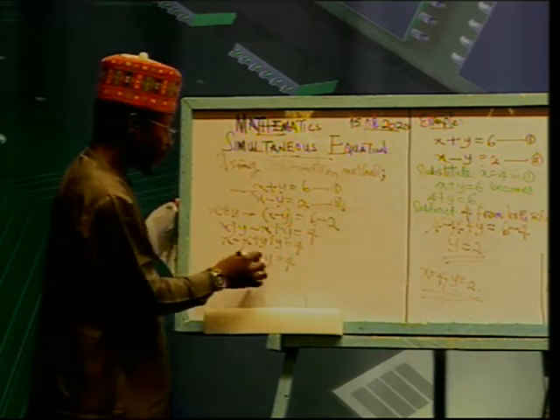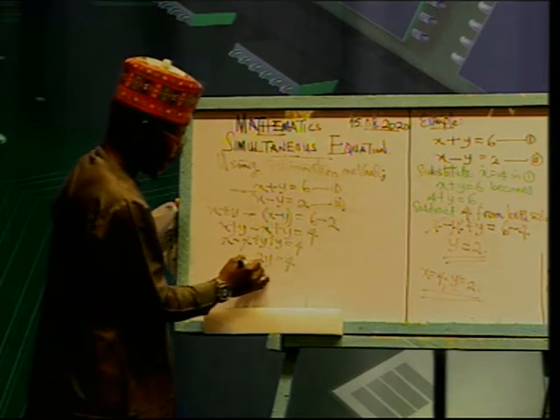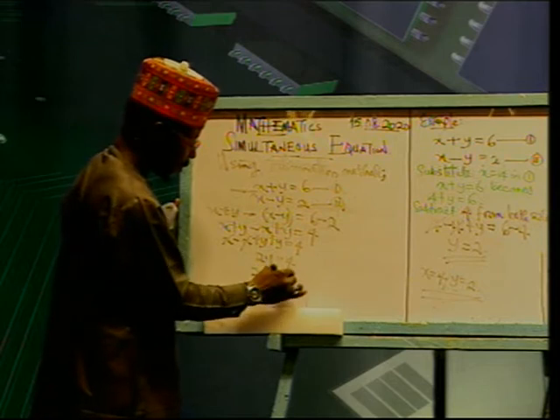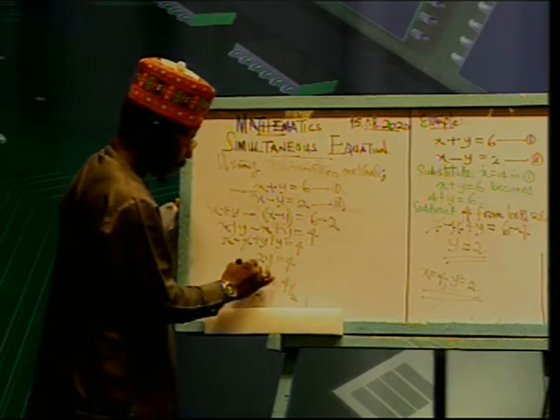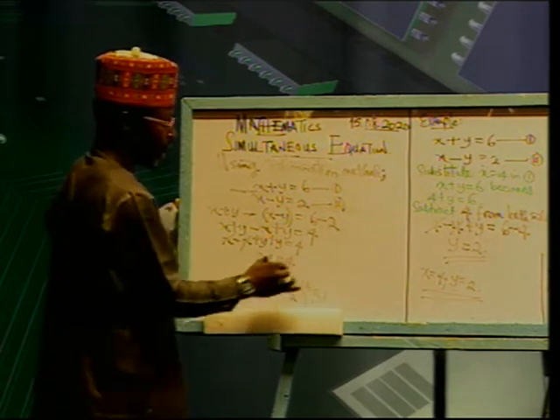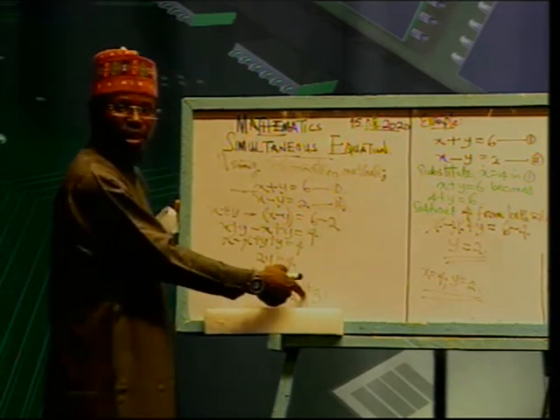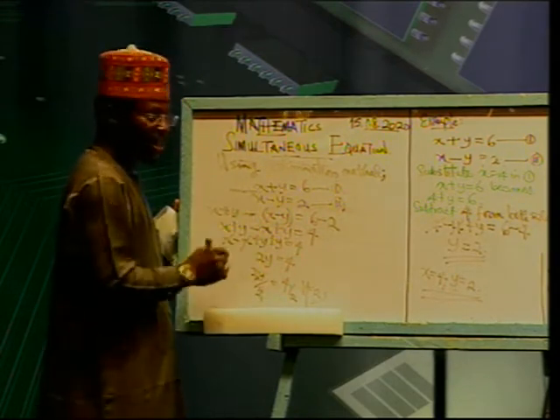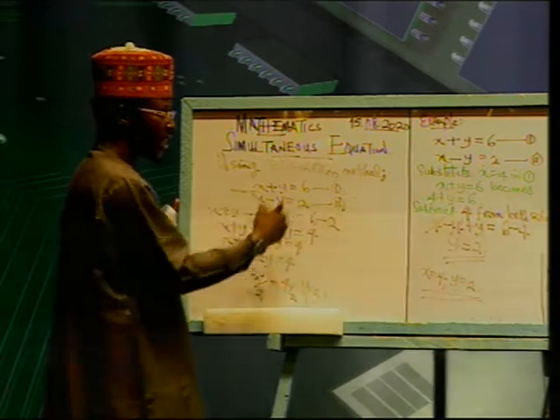And for us to get the value of y, we divide by the coefficient of y, which is 2. 2y over 2 equals 4 divided by 2. 2 will cancel 2. 4 divided by 2 is equals to 2. That is the value of y. Now, having gotten the value of y, you substitute this in any of the equations to get the value of x. Let's say substitute this in equation 2.